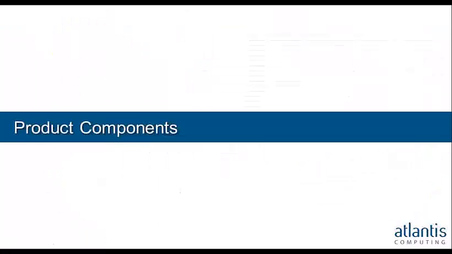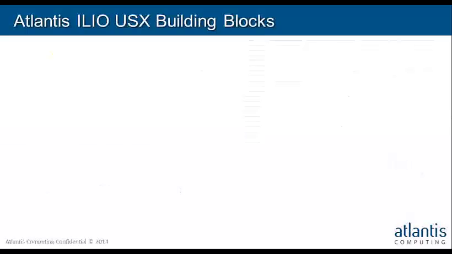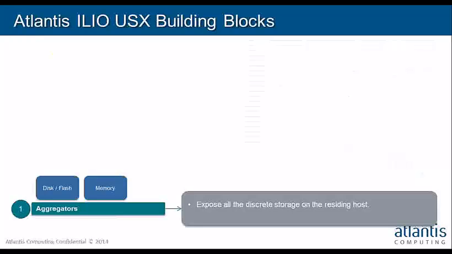With that, I do want to give you an overview of the product components. So there are certain building blocks of ILIO USX. The first building block is an aggregator virtual machine, which exposes discrete storage residing on individual hosts. These can be of three types: disk, flash, or memory.